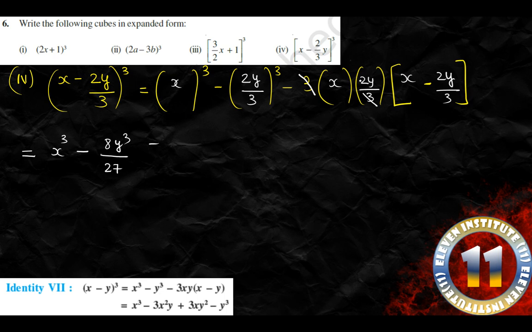So we have 2 into x into y, so we get minus 2xy, and that will be multiplied by x minus 2y upon 3. Now we will have our final step. This is x cube minus 8y cube upon 27.